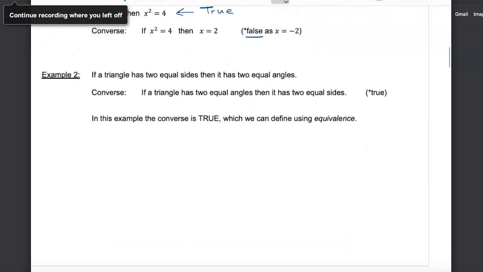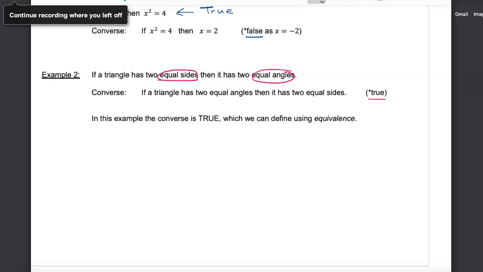In our second example about the converse: if a triangle has two equal sides, then it has two equal angles. The converse is just swapping around the equal sides and the equal angles. So if a triangle has two equal angles, then it has two equal sides. In this case, we know that this converse statement is in fact true, but it's not always automatically going to be that way.